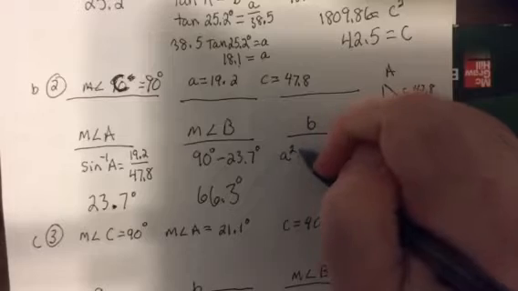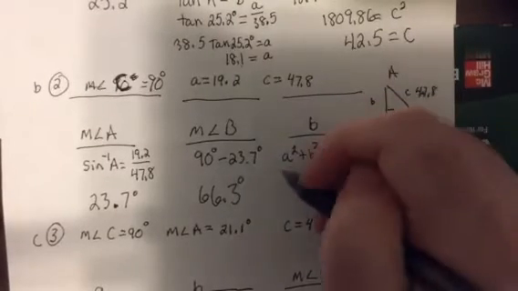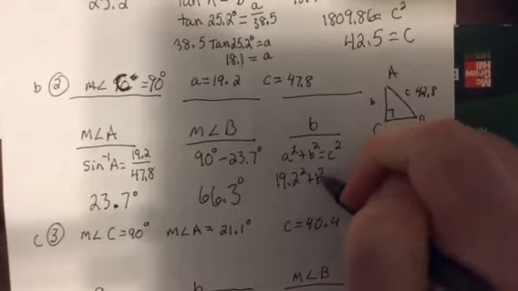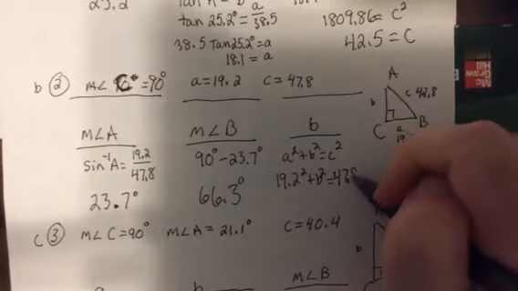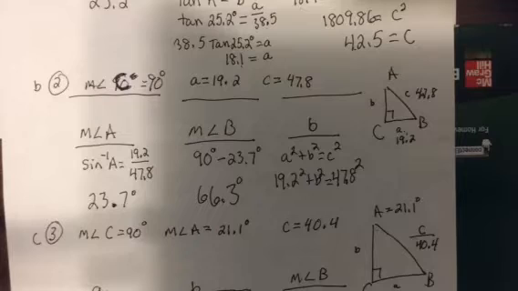I know A squared plus B squared equals C squared. So 19.2 squared plus B squared equals 47.8 squared. So I'm going to go ahead and use Pythagoras. 47.8, square it, minus 19.2, square it.